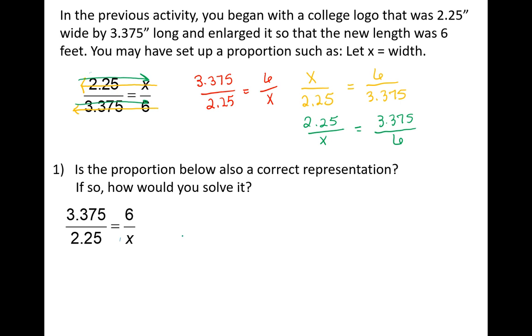So when you have these proportions, you can go a lot of directions. Like say, instead of going from 2.25 over, we went 3.375, we went this way, that way, this way. But they all give us equivalent proportions.